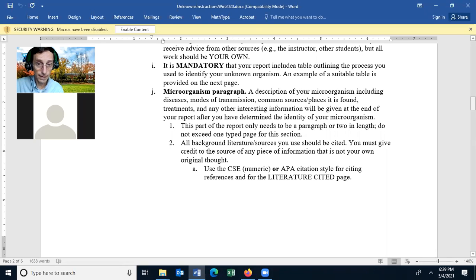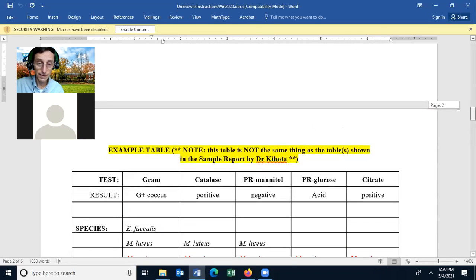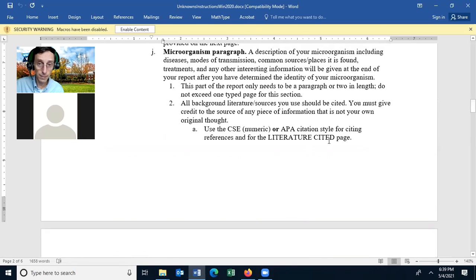Do not exceed one typed page for this section. And then on top of that, you should have a literature citation page where you formally cite the literature, and you can use whatever citation form you want, MLA or APA or some other. Just be consistent, meaning always use APA or always use MLA.